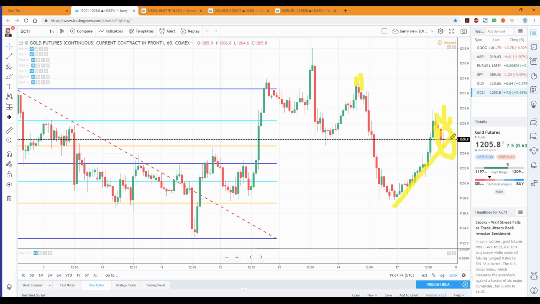So that doji does tell you something, but you have to interpret it with that candlestick and the size and shape of that body. And it's a doji because the open and the close are virtually the same. And it doesn't really matter whether it's red or green. Okay. The fact remains, it doesn't when we're talking about candlesticks.